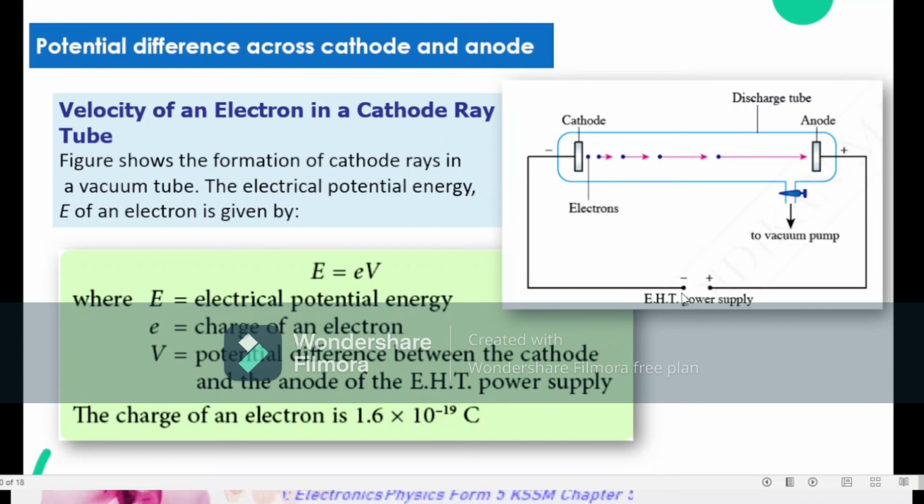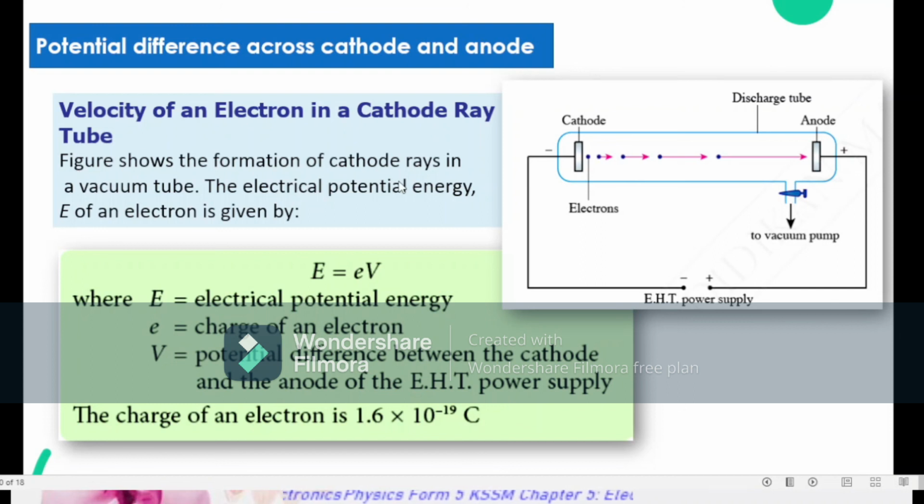When the EHT power supply is on, there is potential difference between cathode and anode. The velocity of an electron in a cathode ray tube we can determine.